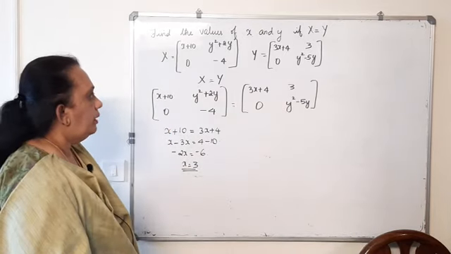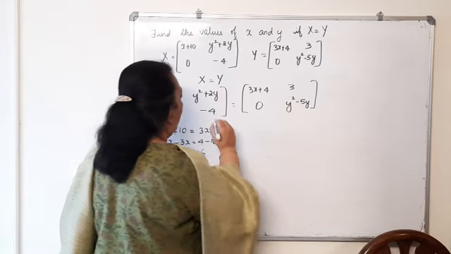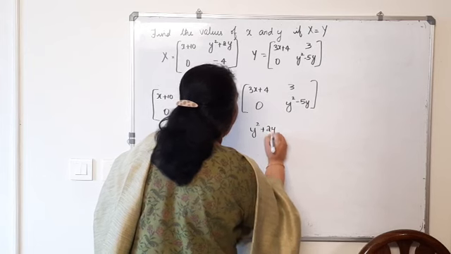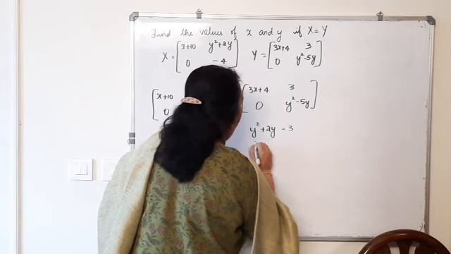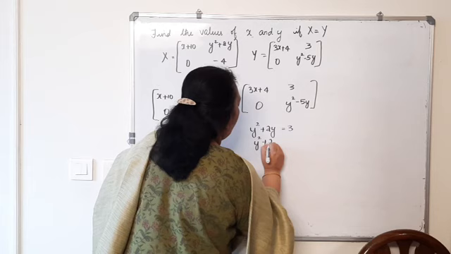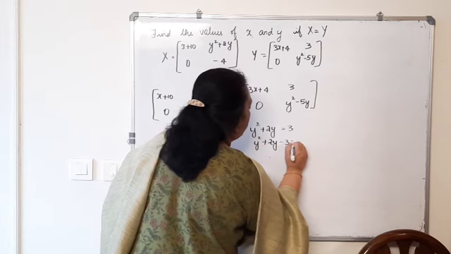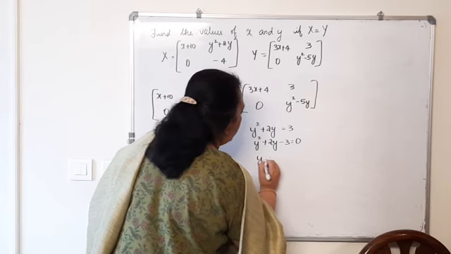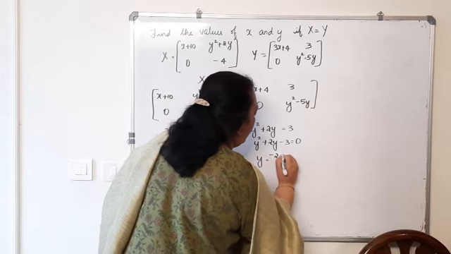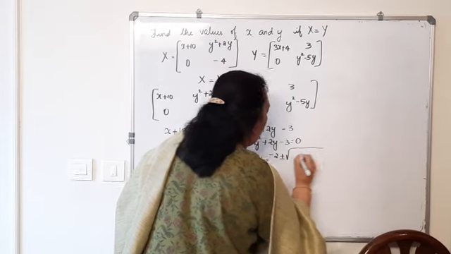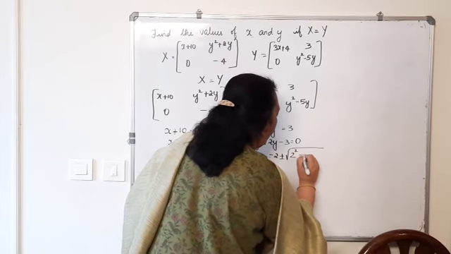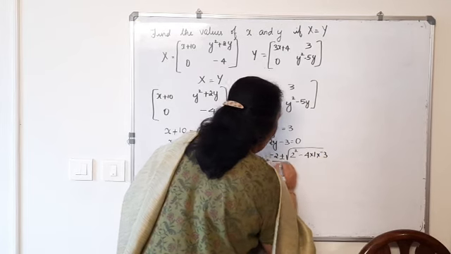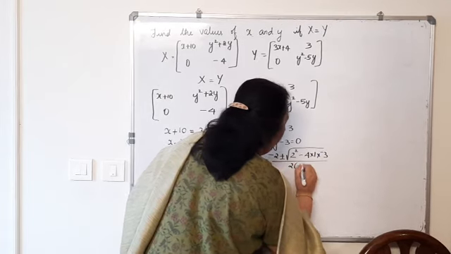Now, what about y? You have y squared plus 2y is equal to 3. y squared plus 2y minus 3 is equal to 0. Then y is equal to minus b plus or minus root of b squared minus 4ac divided by 2a.